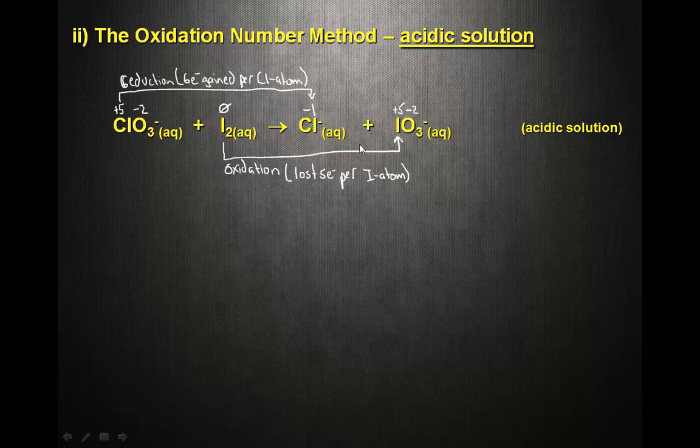Like that. Then the next step is, again, these numbers are just for the atoms. So now we want to look at the entire reactant. There's my first reactant, there is my second reactant. So we want to know how many electrons have been gained by this whole reactant, because Cl is just one part of the reactant. Since we only have one Cl, the reactant has also just gained 6 electrons.